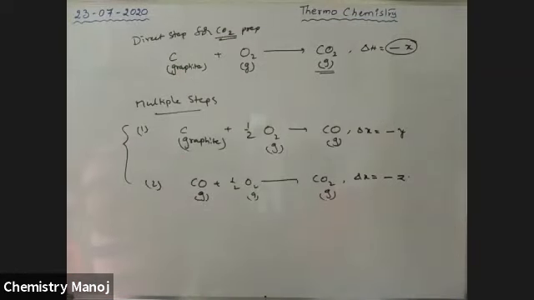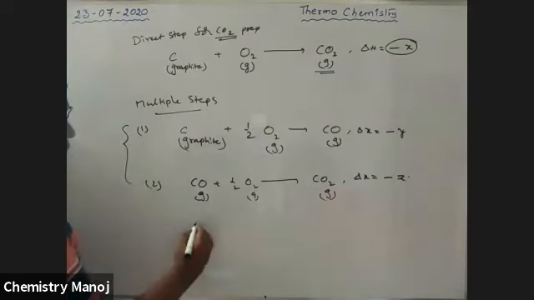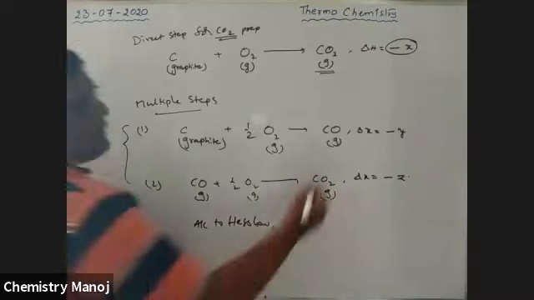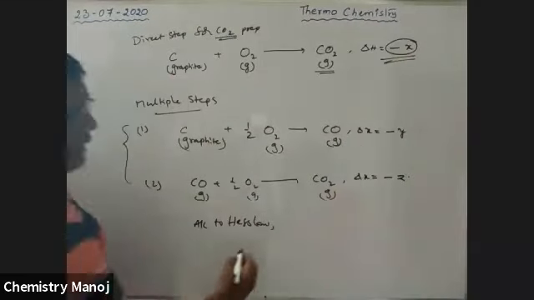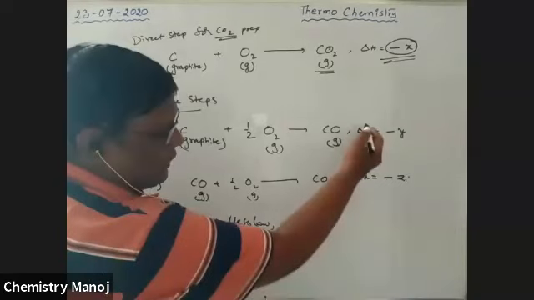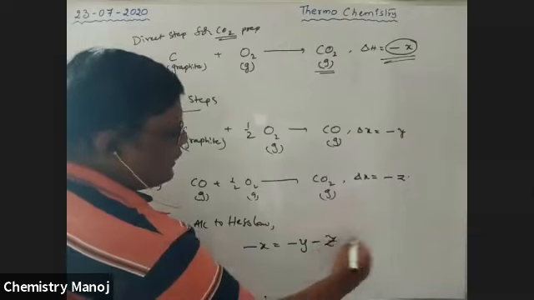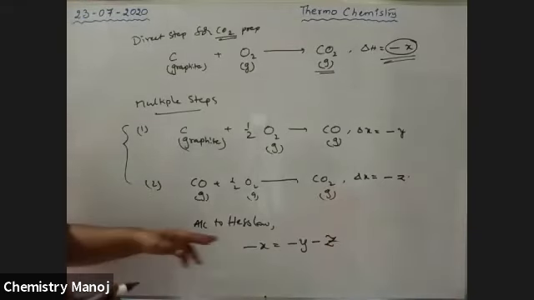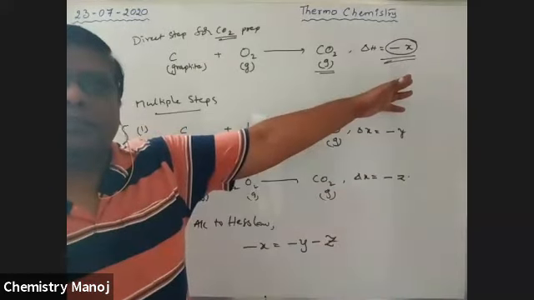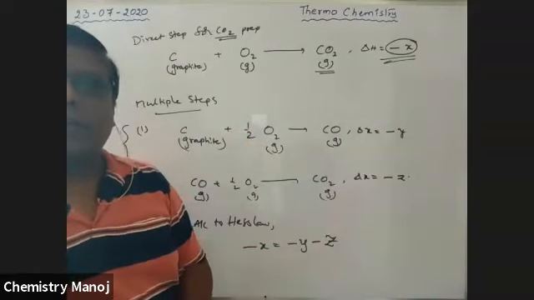According to our Hess's law, the direct step energy, that is minus x, is equal to the sum of the multiple steps energy, that is minus y minus z. Direct step energy is equal to the sum of the multiple steps energy.